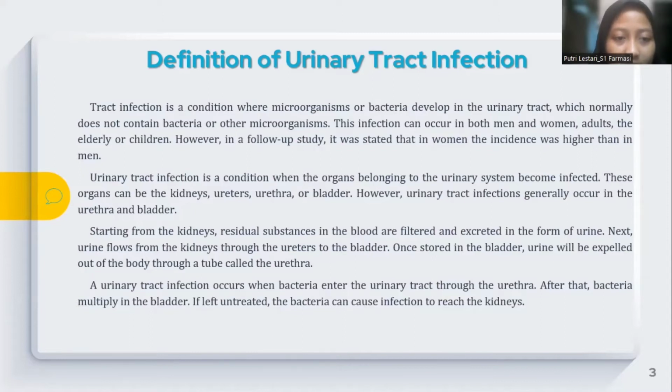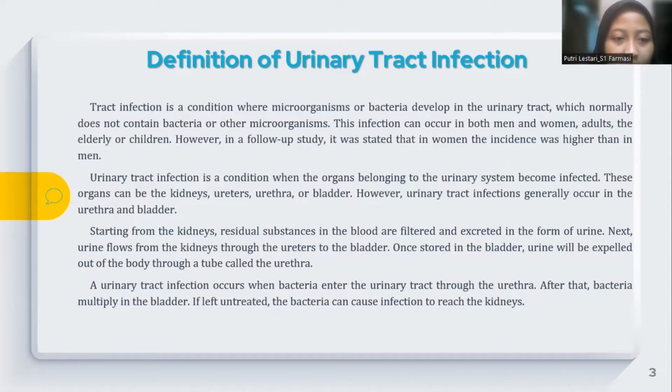Urinary tract infection is a condition when the organs belonging to the urinary system become infected. These organs can be the kidneys, ureters, urethra, or bladder. However, urinary tract infection generally occurs in the urethra and bladder.